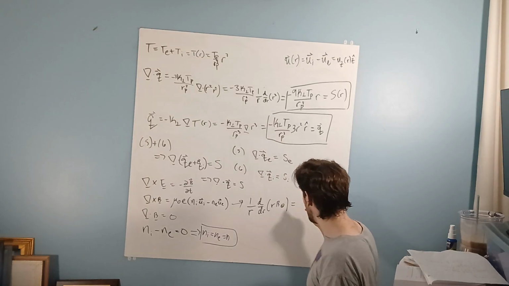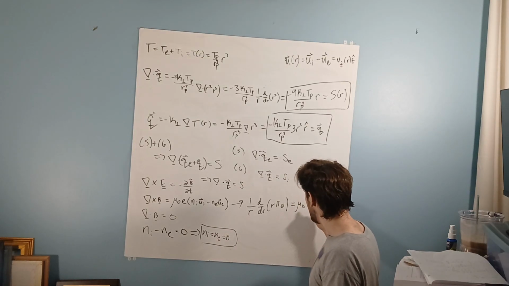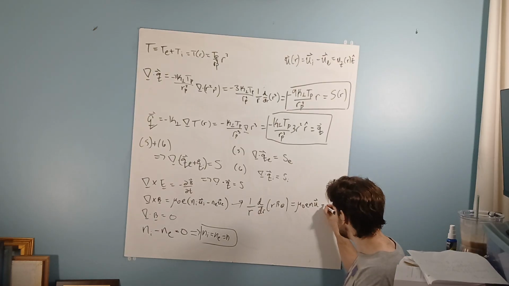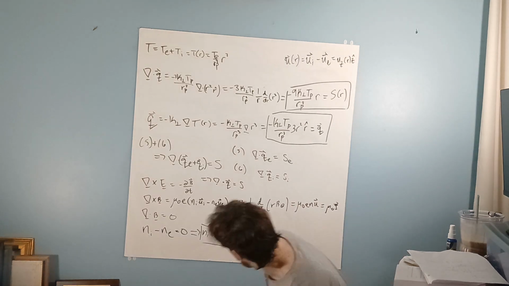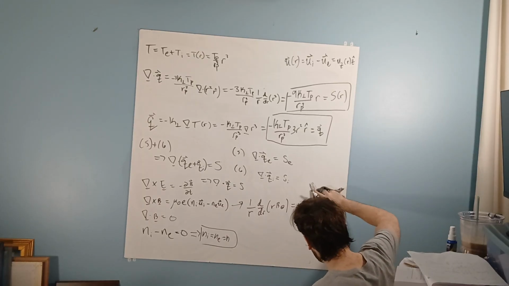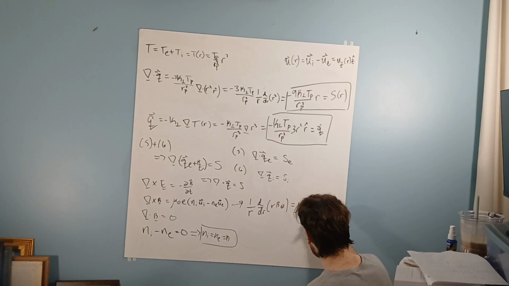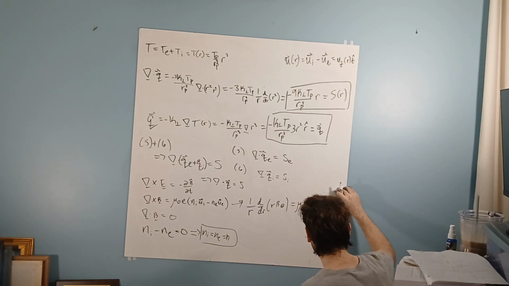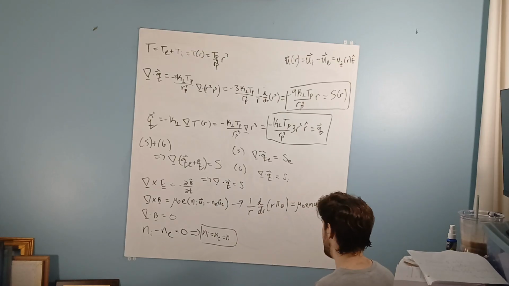And with quasi-neutrality, okay, we have mu naught E n U, which equals mu naught J, right? And because of the axisymmetric nature, this is U Z, where this is J Z.